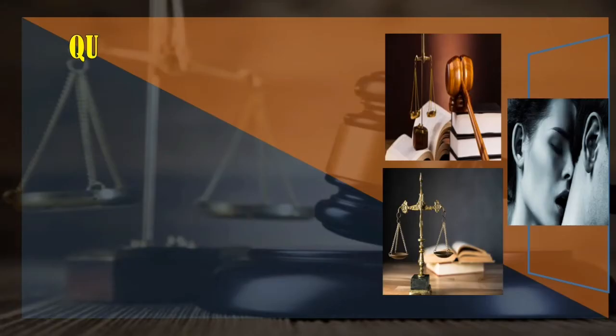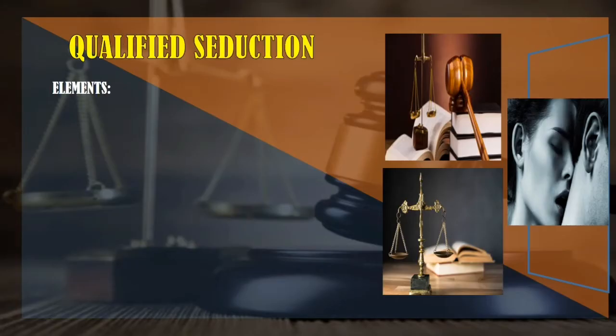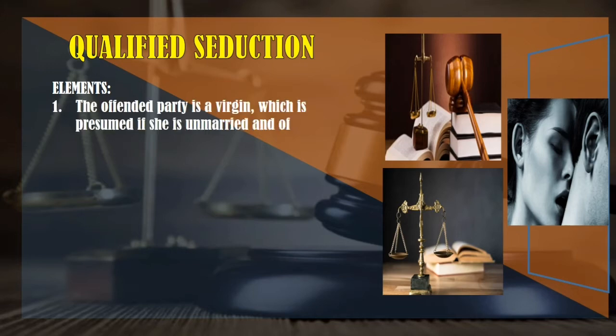Okay, now class, we have the case of qualified seduction. Now let's define first seduction. Seduction is the act of persuading a person to have sexual intercourse. And the law provides these elements that fall under qualified seduction. First, the offended party is a virgin, which is presumed if she is unmarried and of good reputation.